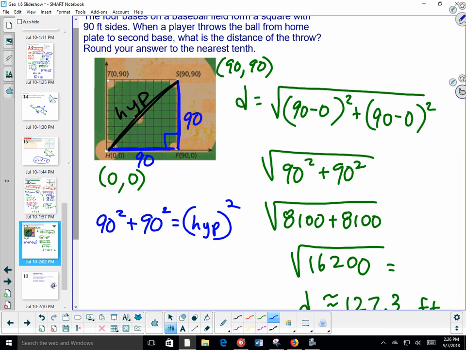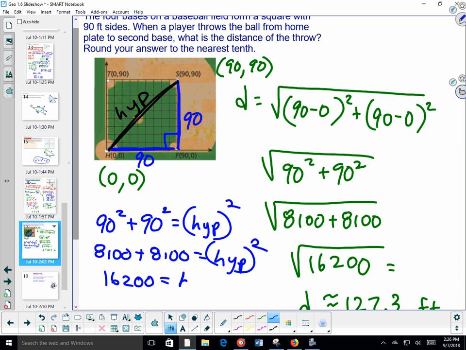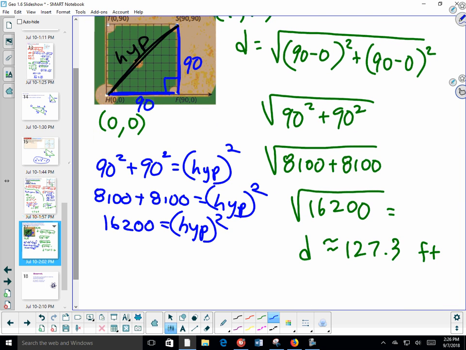Again, we get 8,100 plus 8,100 equals the hypotenuse squared, and that gives us 16,200. If we take the square root, we will end up getting 127.3. Are we okay with this? Yeah. Either way is okay.